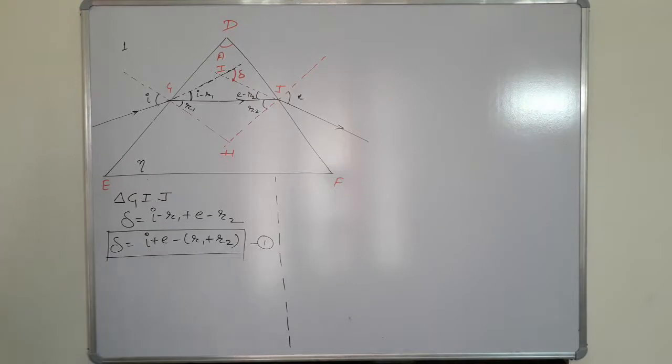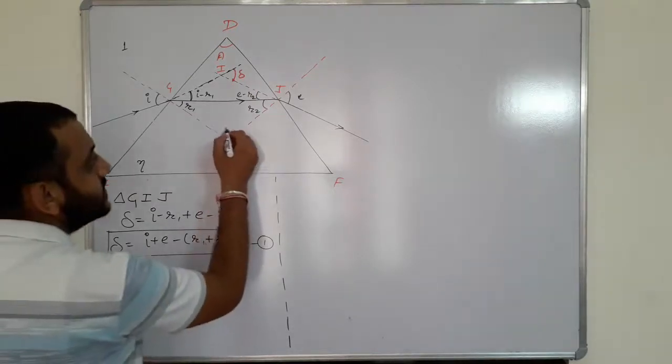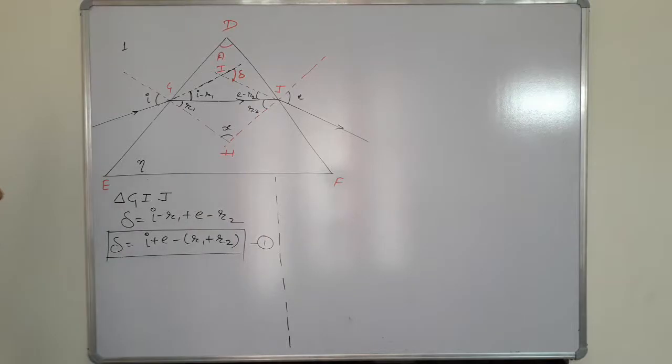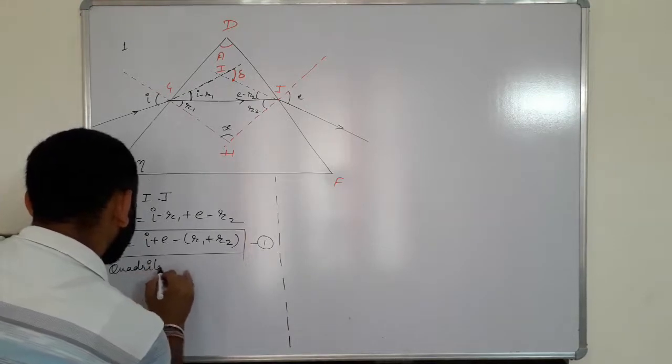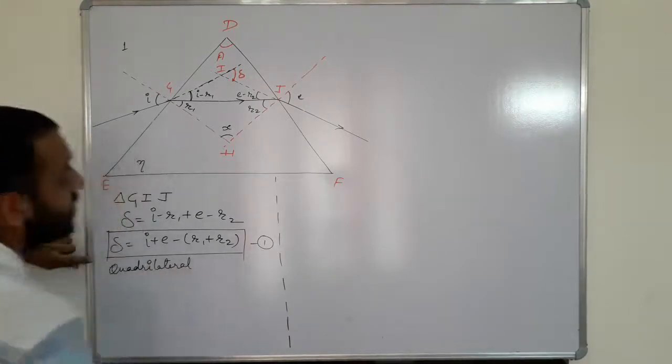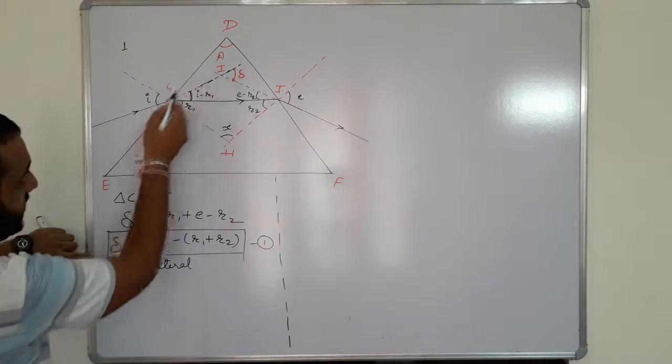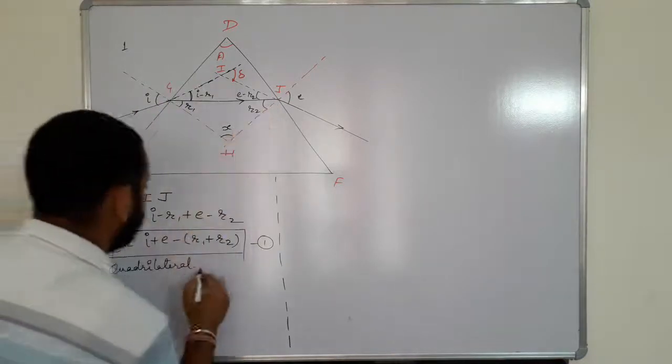After that, let us mark this angle as X. Now see quadrilateral DGHJ.